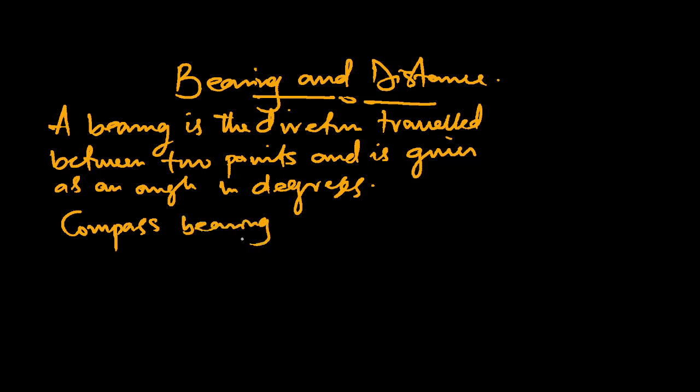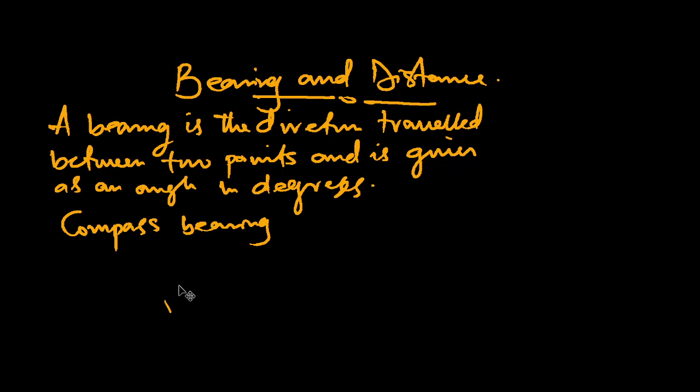Now, when you talk about the compass bearing, you are measuring angles in respect to north or south. Are you getting it now? When you are measuring angle in respect to north or south, you are dealing with compass bearing. Okay, for you to understand what I'm saying here, let me give you this diagram.